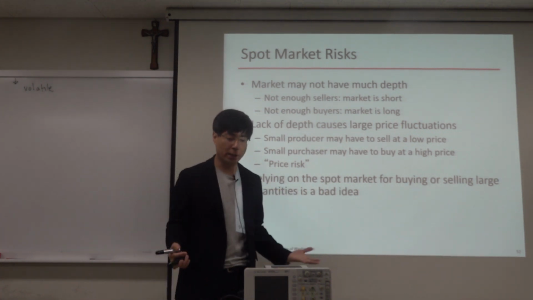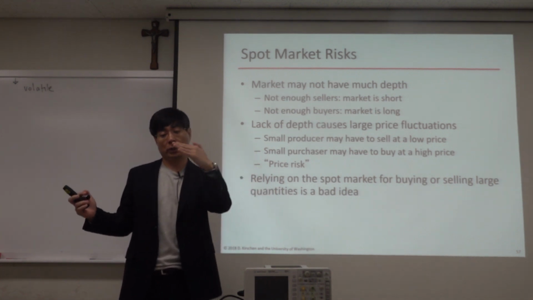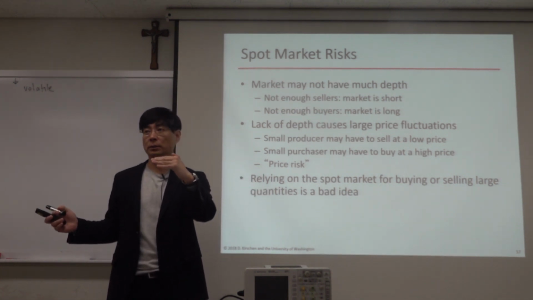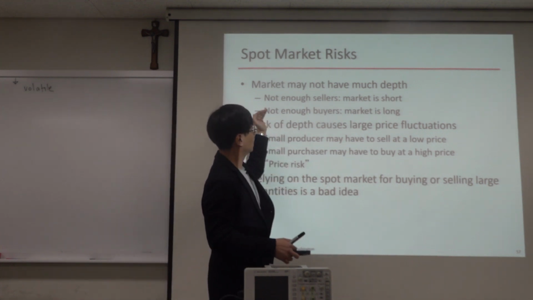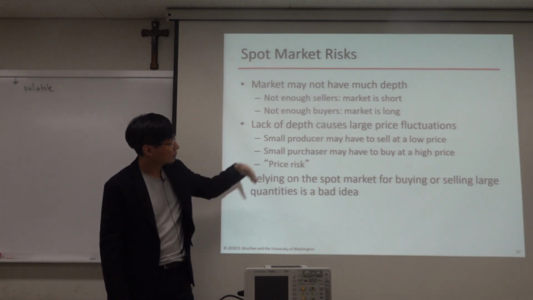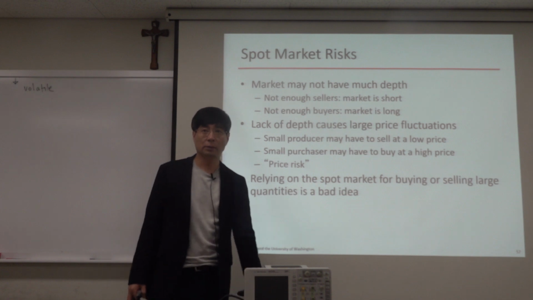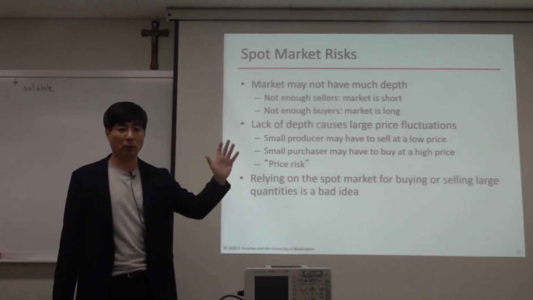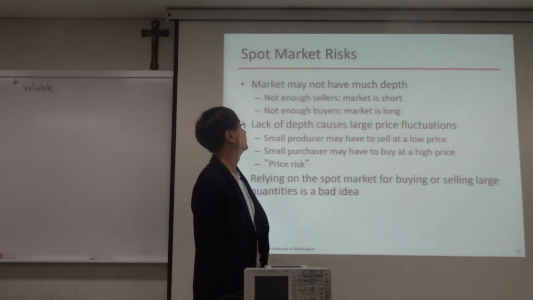If there are a lot of buyers and a lot of sellers, then the market is competitive, and we reach the market clearing price, right? So the market is stable. But because there are not enough sellers or not enough buyers, the market does not have much depth. So the market is either short or long, and the price can fluctuate.